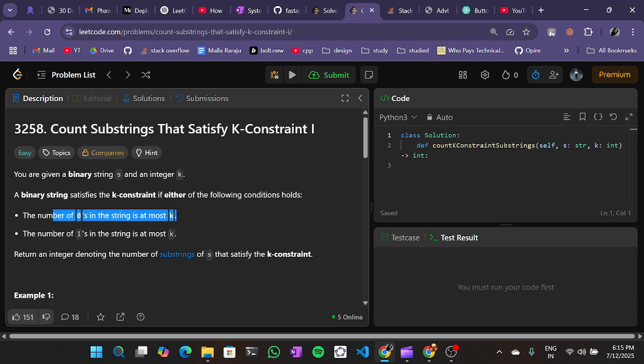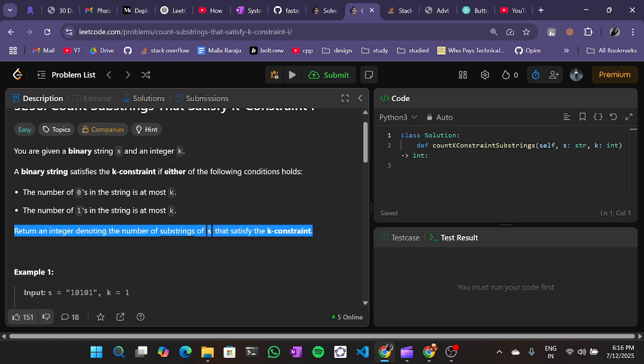So it should be either at most k zeros or at most k ones. Return an integer denoting the number of substrings of s that satisfy the k-constraint.